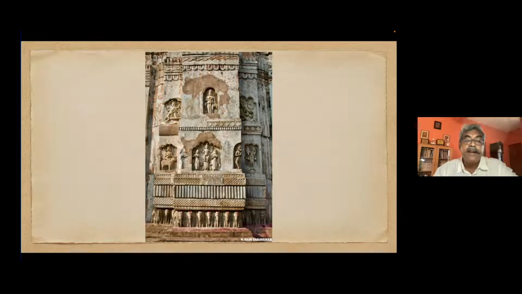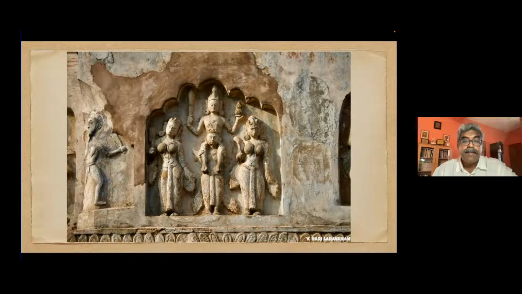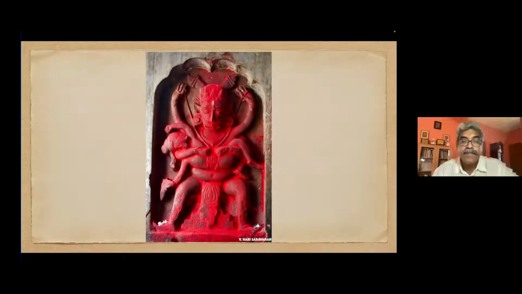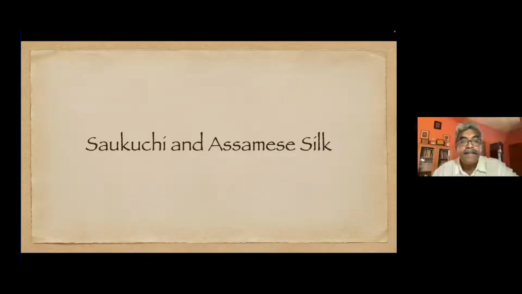Similar sculptures you could see in this particular temple. Here you find a sculpture of Garuda carrying Lord Vishnu on his shoulders, and Lord Narasimha.